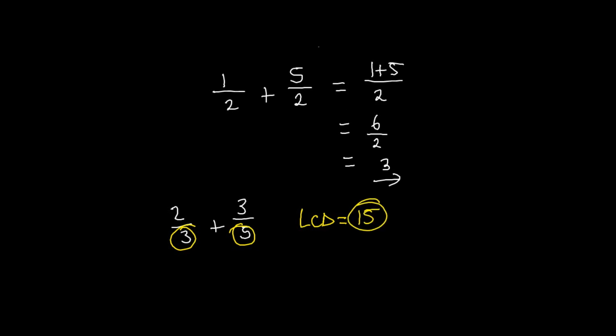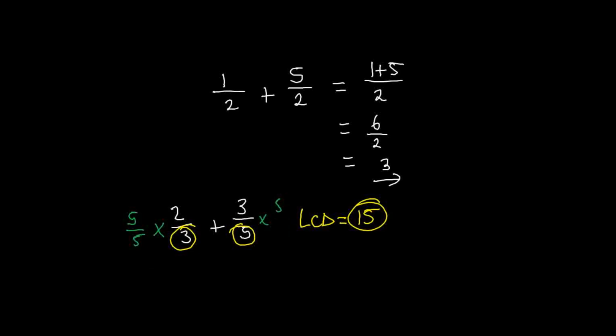So what I'm going to do is multiply both fractions by 1. In this case, one number multiplied by 3 would give me 15, so it will be 5 over 5. Remember, we multiply fractions top at the top, bottom at the bottom. Sorry, I'm making mistakes like crazy.